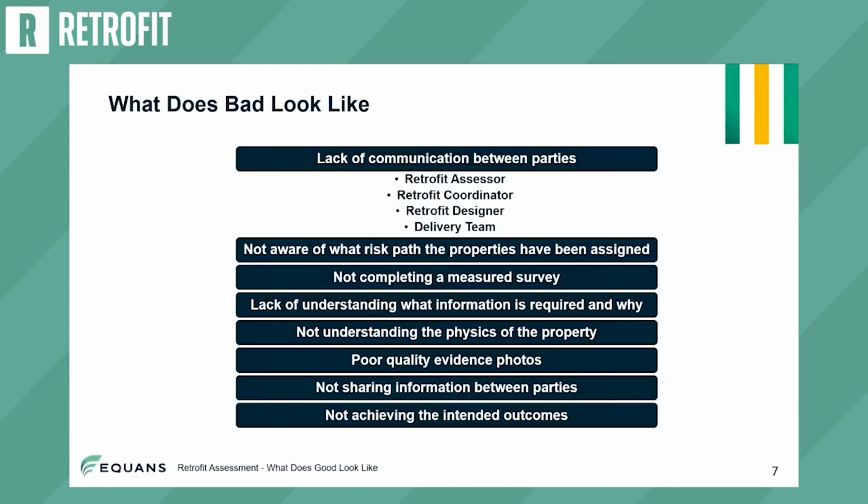So bad looks like, when you're out on site, the bad assessment, which we've had experience with, is lack of communications with the key players within the retrofit process. Retrofit assessors not knowing what they're supposed to be doing out on site. There's poor communications with regards to the retrofit coordinator, designer as well.